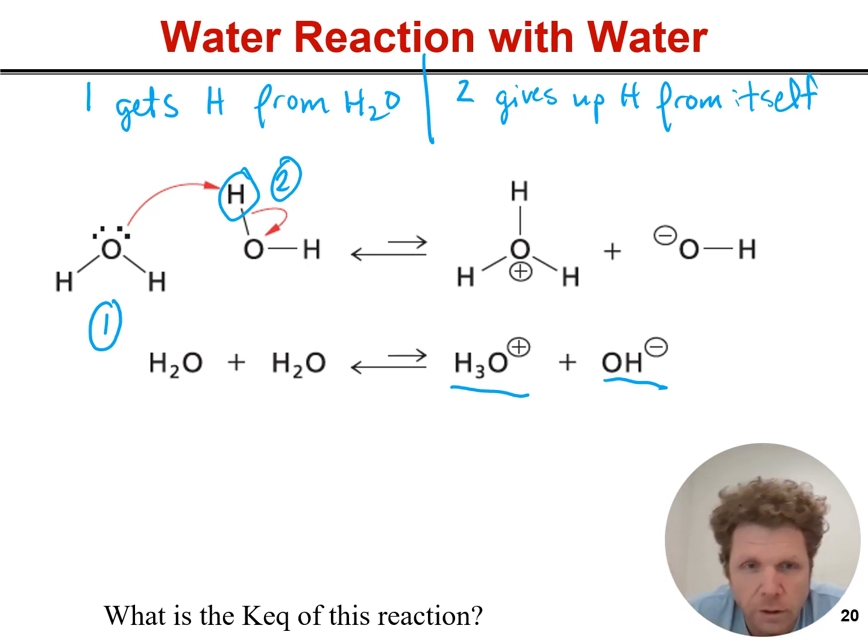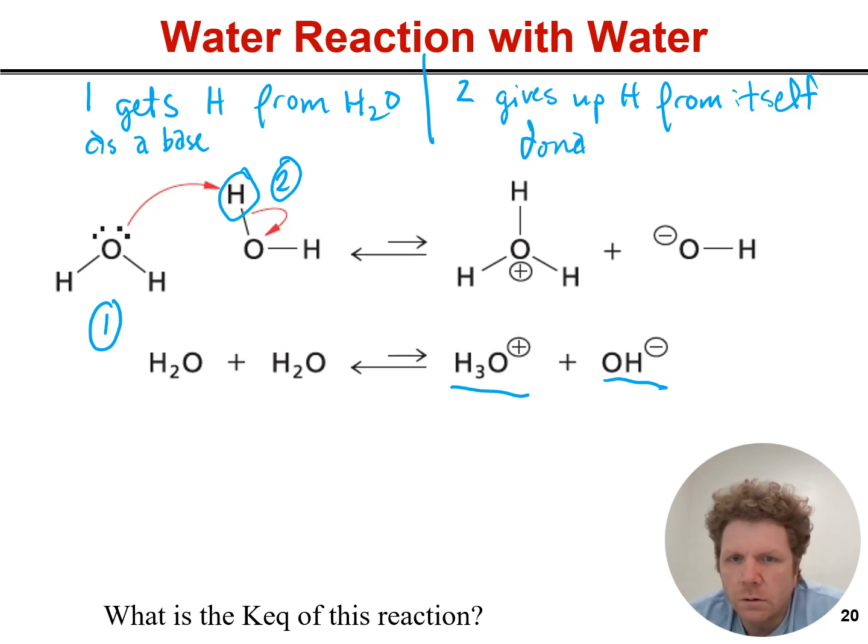So when you think about that process of getting a hydrogen ion, effectively what that means is that water molecule 1 is acting by gaining a hydrogen, so it acts as a base. And then water molecule 2 donates H, so it acts as an acid.